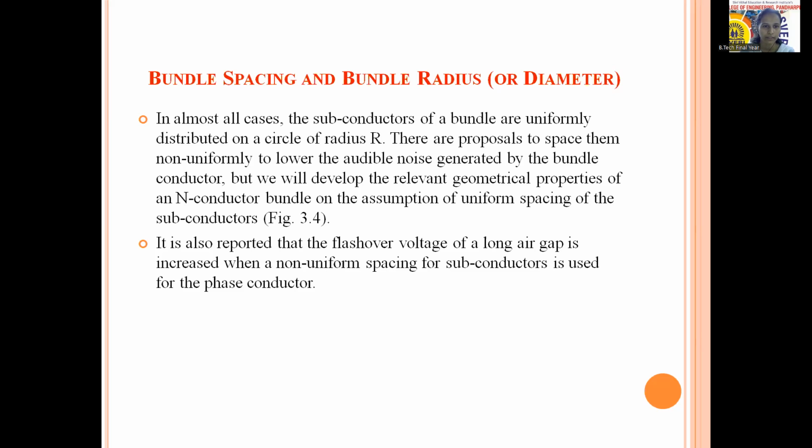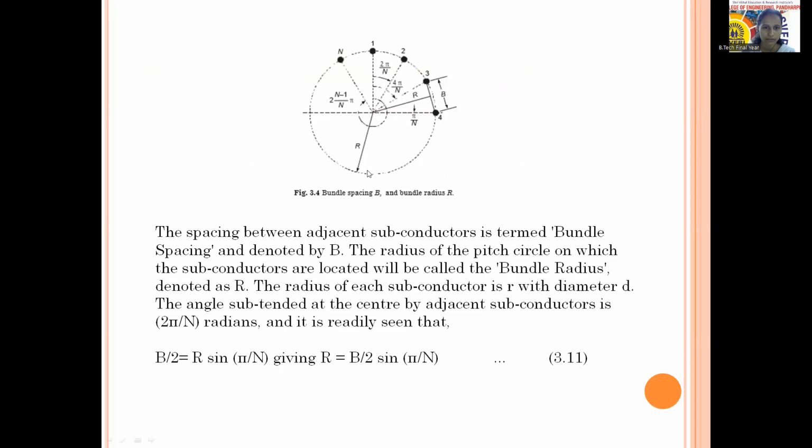We have already seen the mechanical considerations and noise in the third lecture. But we will develop the relevant geometrical properties of an n-conductor bundle on the assumption of uniform spacing of the subconductors.